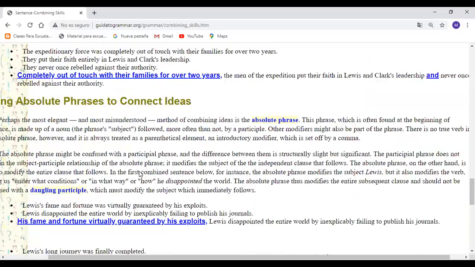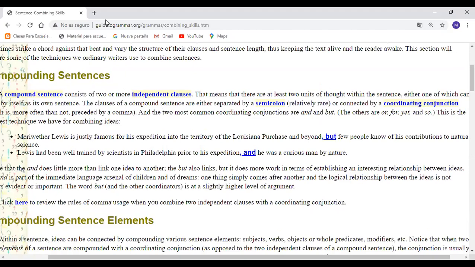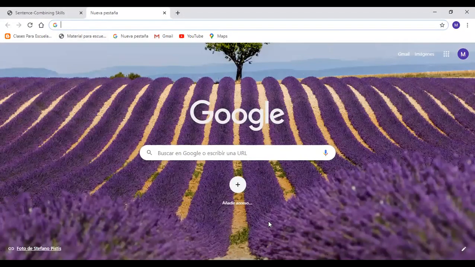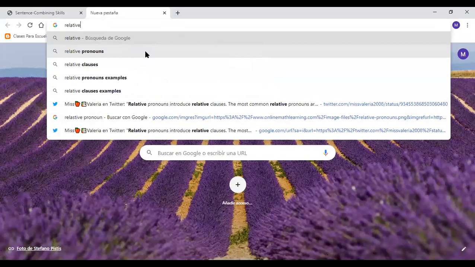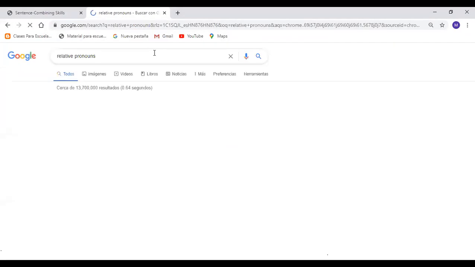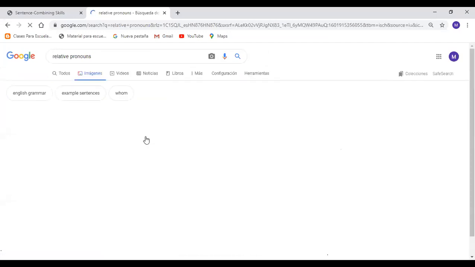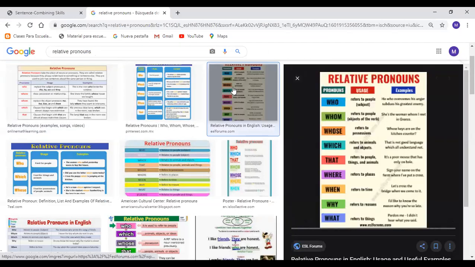The next rule will be when we want to use relative pronouns. I'm going to show you a chart of relative pronouns as an image.